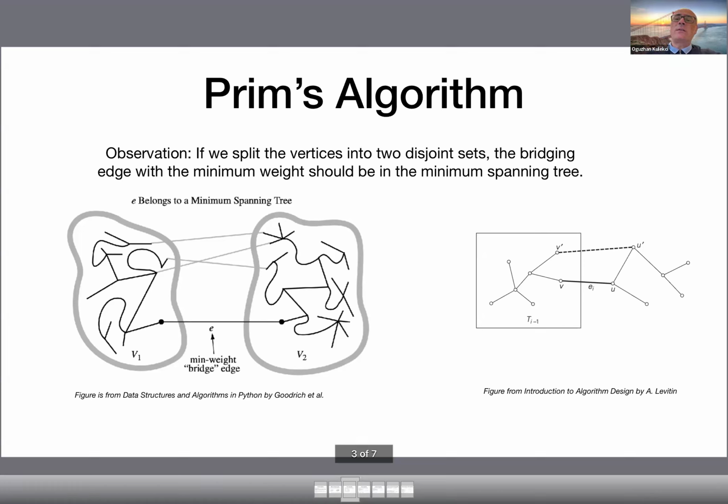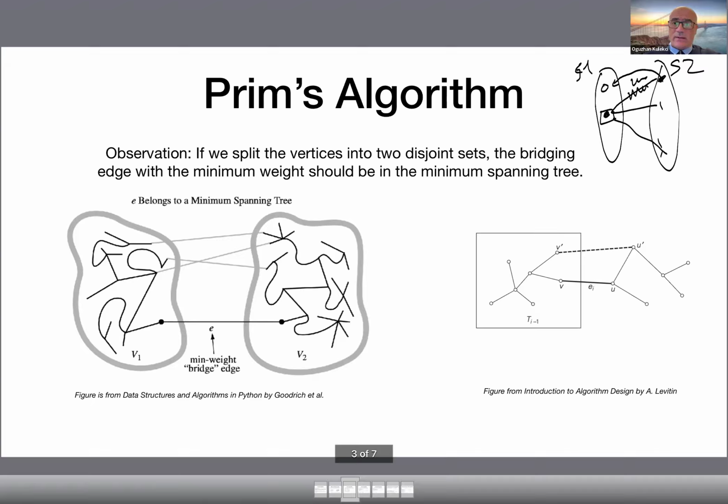So let me just start with only one vertex in set 1, and I will put all the others in set 2. That's a randomly selected vertex from my graph. And this vertex is connected to some others. What I will do is pick the one with the minimum weight, and I will carry this new vertex to set 1.